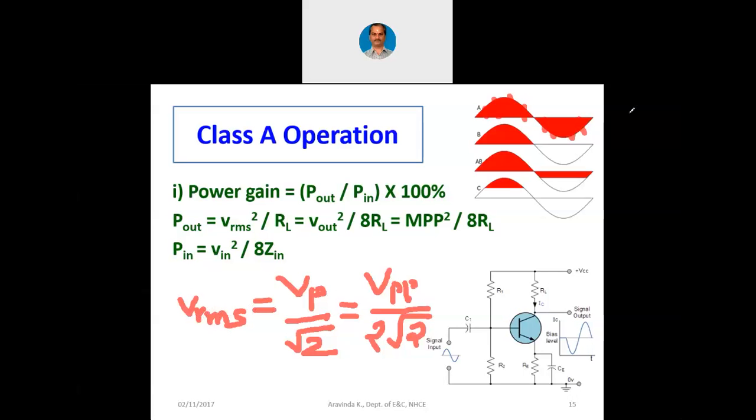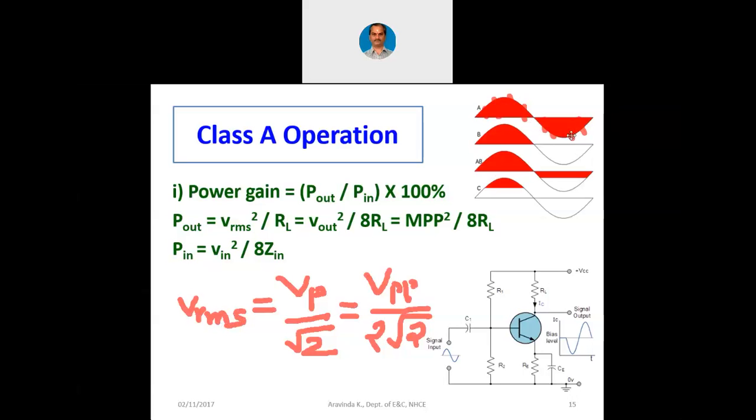You should square because you have a negative cycle also. So take some samples, different samples at different places. Then after squaring all the instantaneous values of the samples, take a mean of that and take the root of the mean. That will be equivalent to the effective DC value corresponding to the same AC signal.